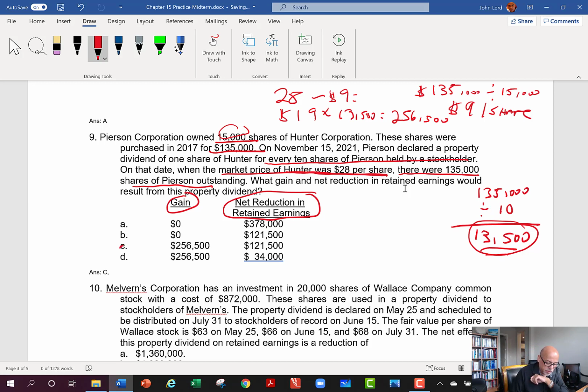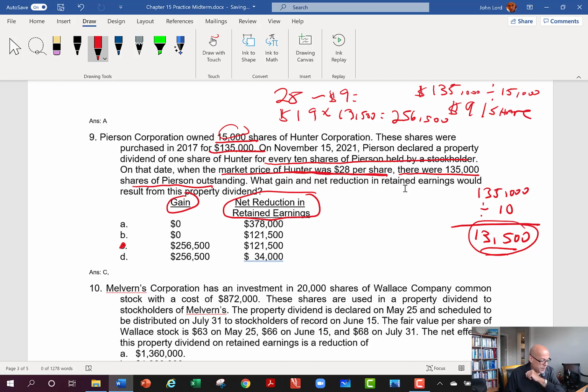Okay, so look, I've got this down. I know the answer is C because I'm peeking here, but I've got this down to a 50-50 anyway at this point between C and D. But now I have to figure out my net reduction in my retained earnings for this particular situation.